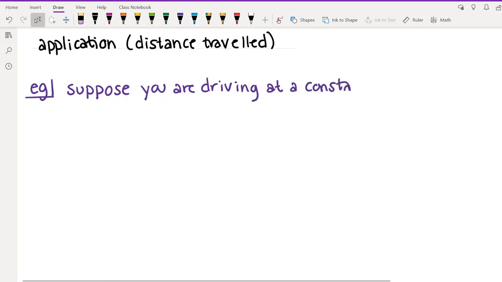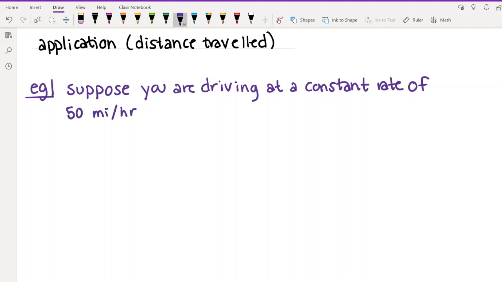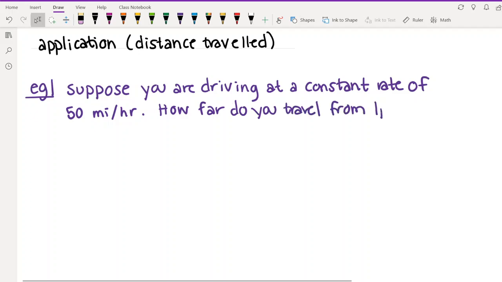And so the question I want to ask is, how far would you travel between 1 and 5 p.m.? So basically, if you know your rate of travel, you just need to multiply that by the time, right?